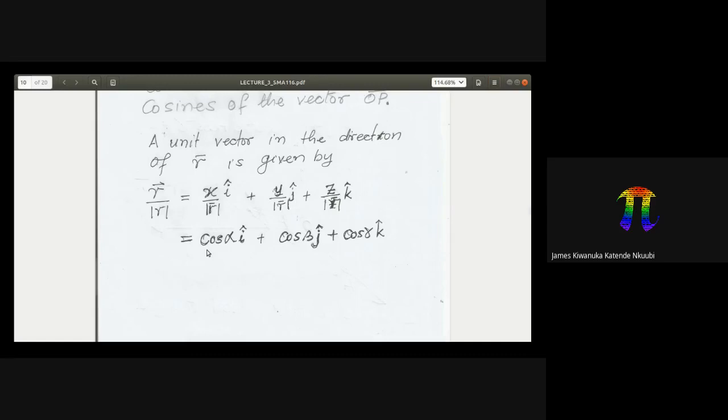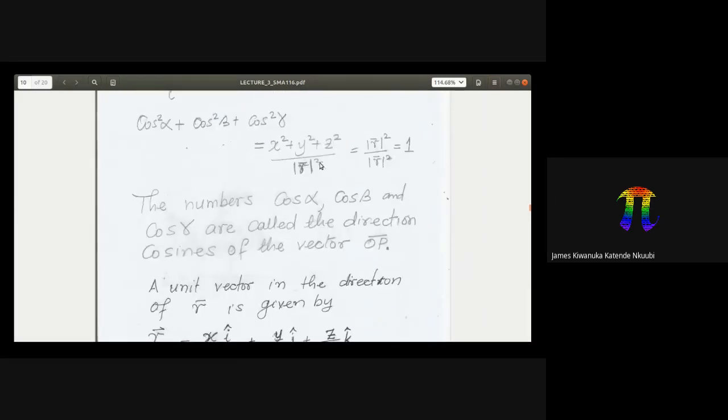And you can check that it's a unit vector because the magnitude will be equal to 1. We know that cos squared alpha plus cos squared beta plus cos squared gamma is equal to 1. So that is done. We have shown something extra. We did more than what was asked.